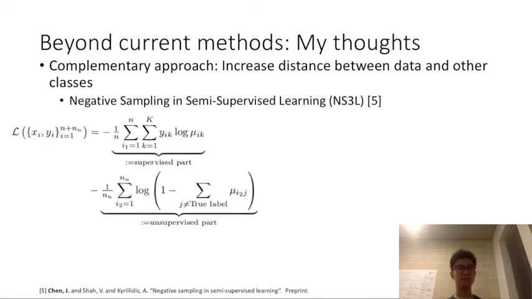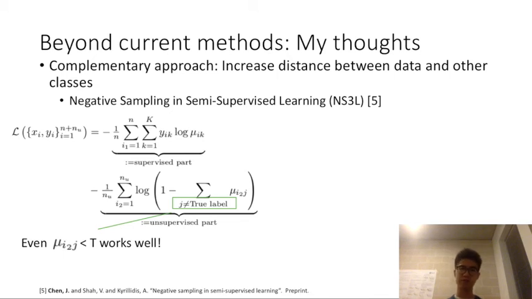This is based on the observation that we can decompose the cross entropy into two parts, a supervised part and an unsupervised part. And in this expression, x1 is the input, y1 is the label. There are n supervised, n labeled samples, n sub u unlabeled samples, and mu here is the output of the neural network. You notice here that if you can pick those indices j well in that unsupervised part, this can be a very helpful loss function.